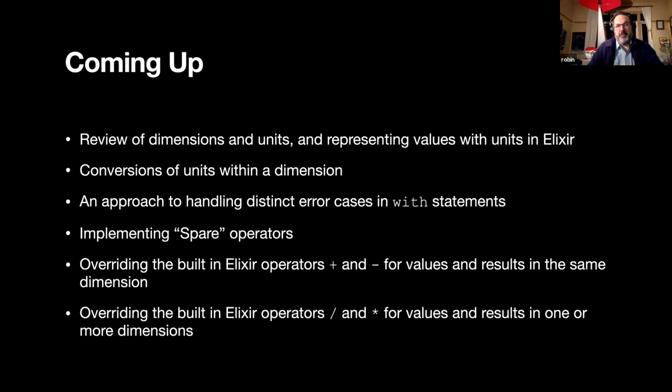A little thing that I came across, because this is really the first time I've used with, even though I've been programming Elixir for a long time. I'm not saying that this is necessarily the right way to do it, but it was my way of approaching a problem using with. Then we're going to talk about implementing operators, and how you can override the operators that the kernel provides, so that you can make them do more than the kernel ones do.